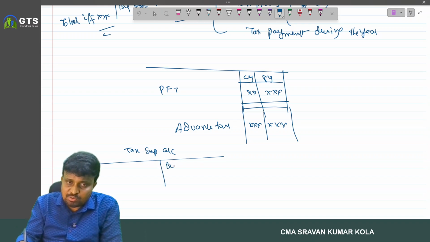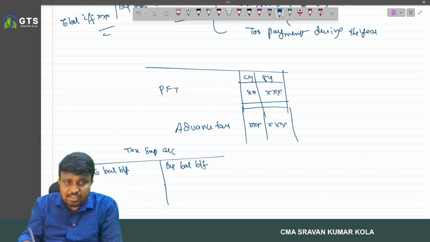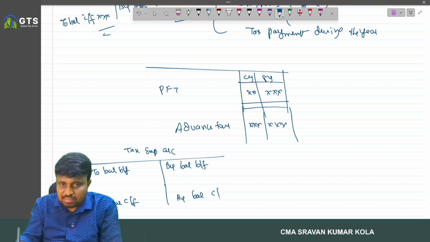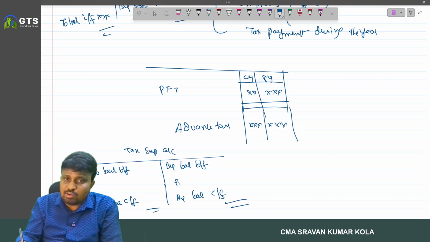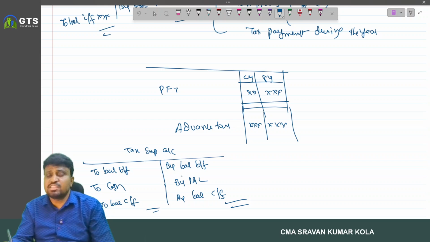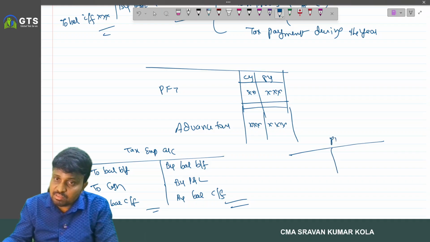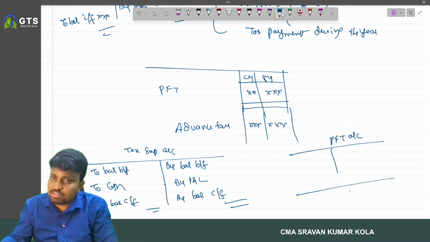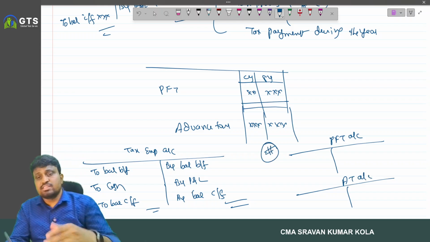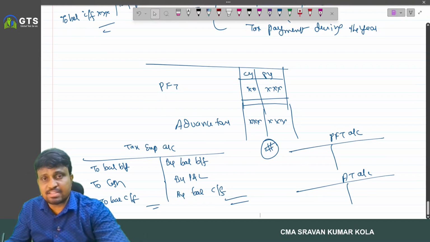Provision for tax opening balance and advance tax opening balance are generally on the debit side, and provision for tax closing balance, the current year provision and to cash balance. Any one of them is the balancing figure. Or you may prepare the provision for tax account and advance tax account separately.